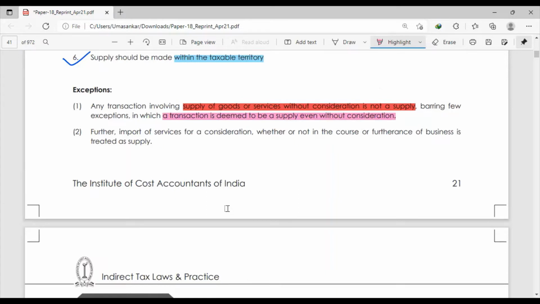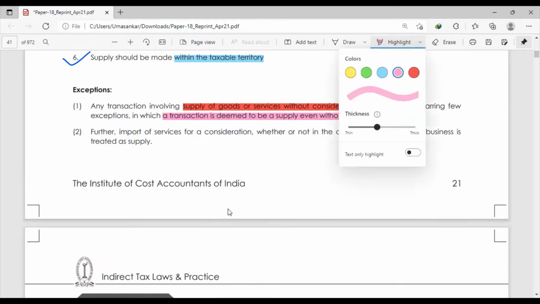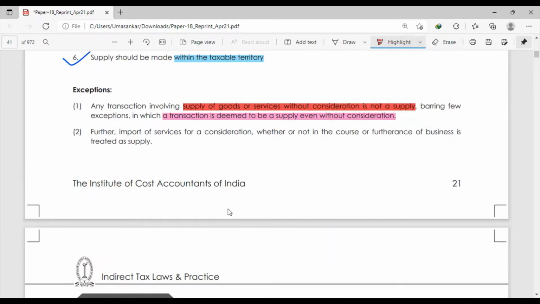And one more thing is import of services for a consideration, whether or not in the course of business, is treated as a supply. So import of services for a consideration, whether or not in the course or furtherance of business, is also treated as supply.